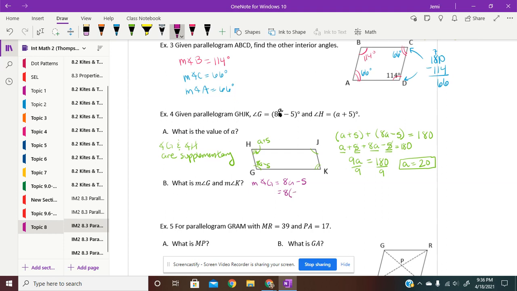I can replace A with my value of A, which is 20. 8 times 20 is 160. Minus 5 gives me 155 for angle G.